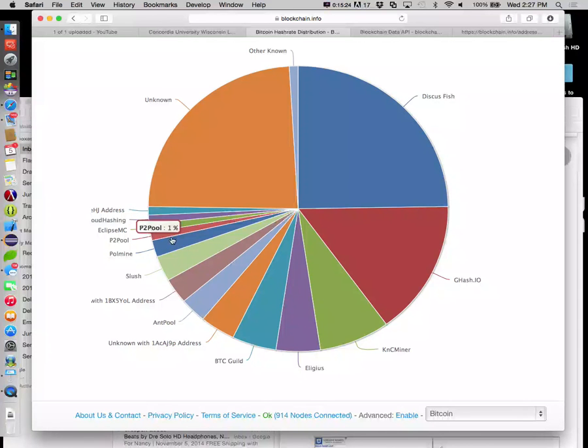Now, having said that, we talked a little bit about this earlier in the semester, about this 51% problem. How does the 51% problem work? If one place has more than 51% of the mining power, they're going to win often enough that they can rewrite the blockchain. Now, just because they rewrite the blockchain, does that mean they won't get caught?